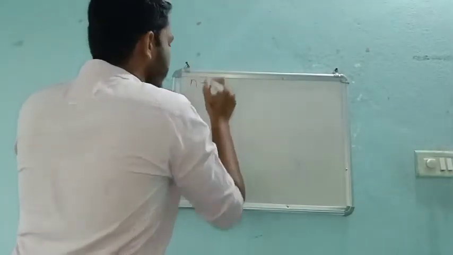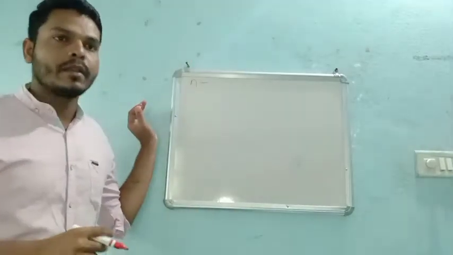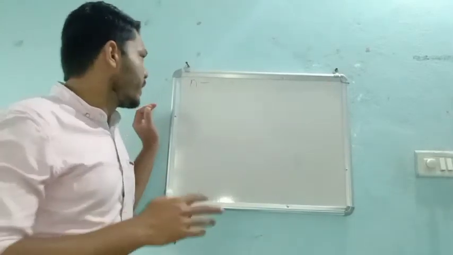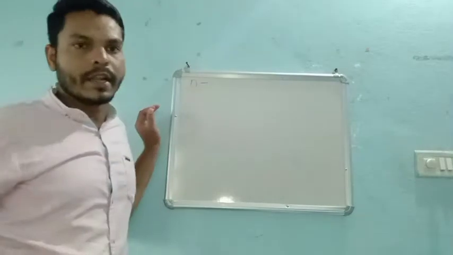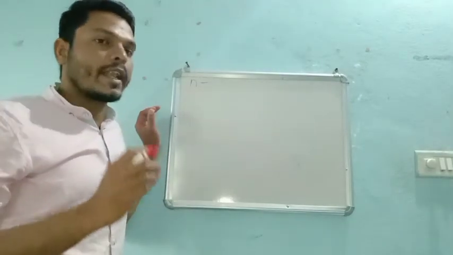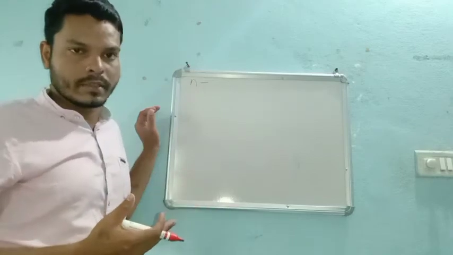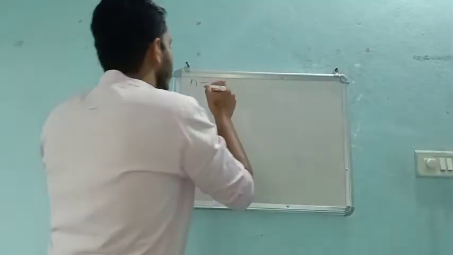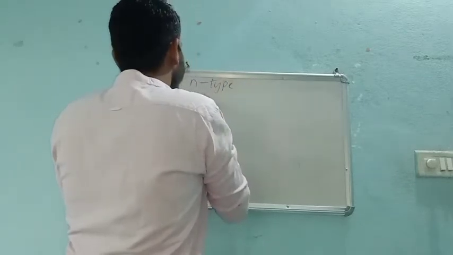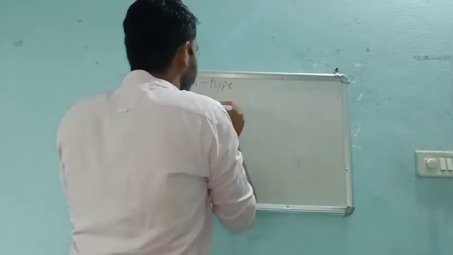N is nothing but negative type of semiconductor. That means in these semiconductors the negative character is more, the electron rich center. So negative type, N type, and one more we saw, that is P type of semiconductors.